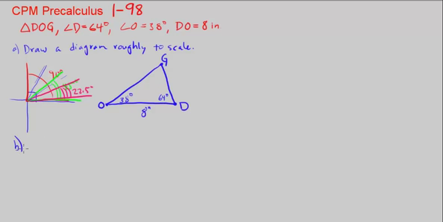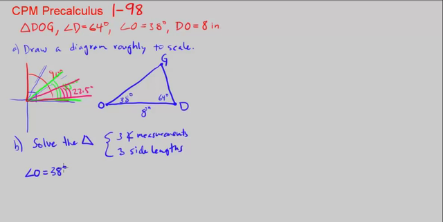Okay, so B, we're asked to solve the triangle completely. Solving the triangle completely, we know, is finding all 3 angle measurements and all 3 side lengths. So that's looking at angle O. We know already is 38 degrees. Angle D, we know already is 64 degrees.